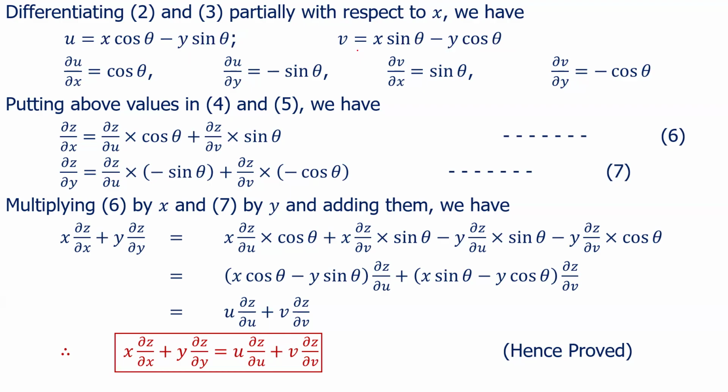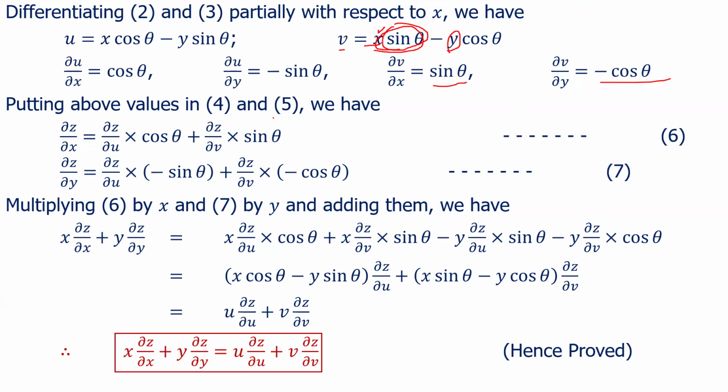Similarly, ∂v/∂x: sin theta is constant and the derivative of x is 1, so ∂v/∂x is sin theta. And ∂v/∂y: the first term is free from y, its derivative is 0, and the derivative of y is 1, so we have only minus cos theta.